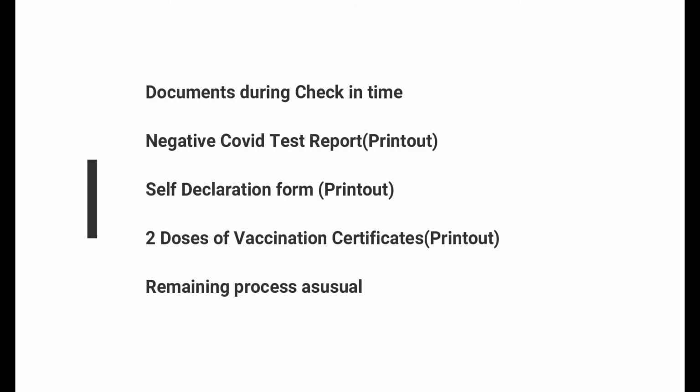They will ask for the negative COVID test report, self-declaration form, and two doses of vaccination certificates, and the remaining process is as usual. It's better to carry 3 to 4 printouts of all these documents, because whenever they ask, we can show them directly, and it's better to have the soft copy too.